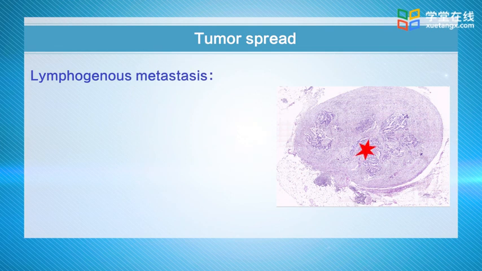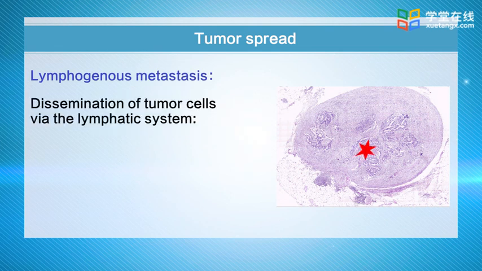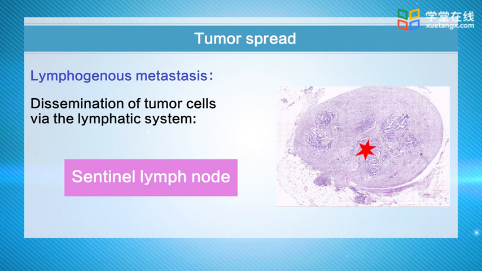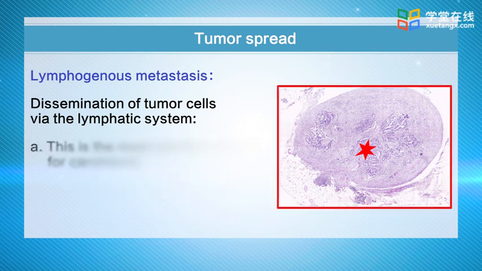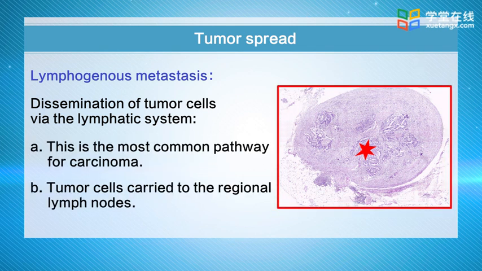Lymphogenous metastasis describes the ability of tumor cells to penetrate into lymphatic vessels. A sentinel lymph node is the first regional lymph node that receives lymph flow from a primary tumor. This site shows carcinoma of the breast, usually arising in the outer quadrant and first spreading to the axillary nodes.